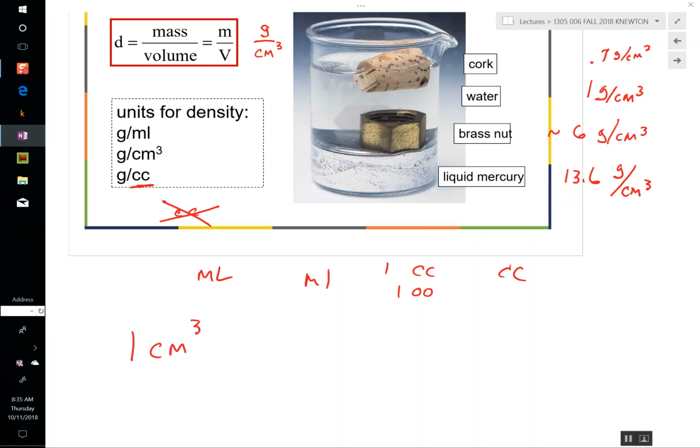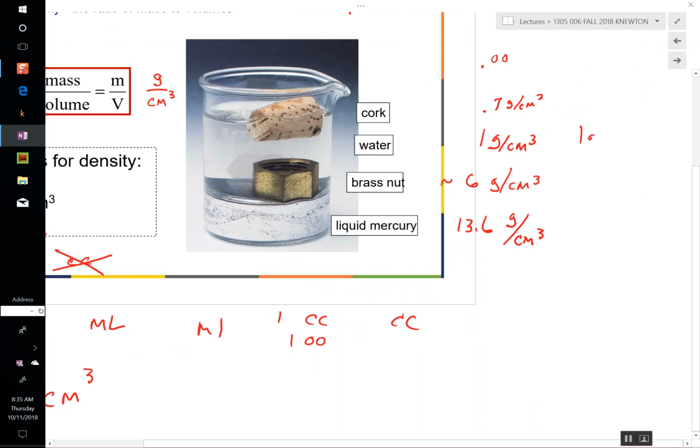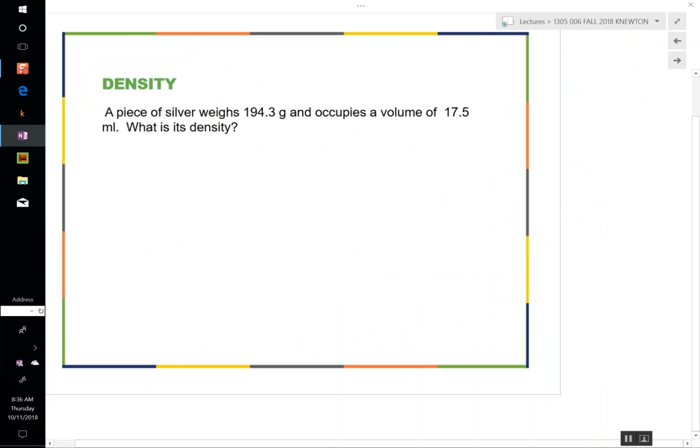And what you'll see sometimes is in solids, they might express it in cubic centimeters, and when you revert over to liquids, you might be seeing it as 1 gram per milliliter. A liquid we can measure in a graduated cylinder, and it's usually got milliliters on it.